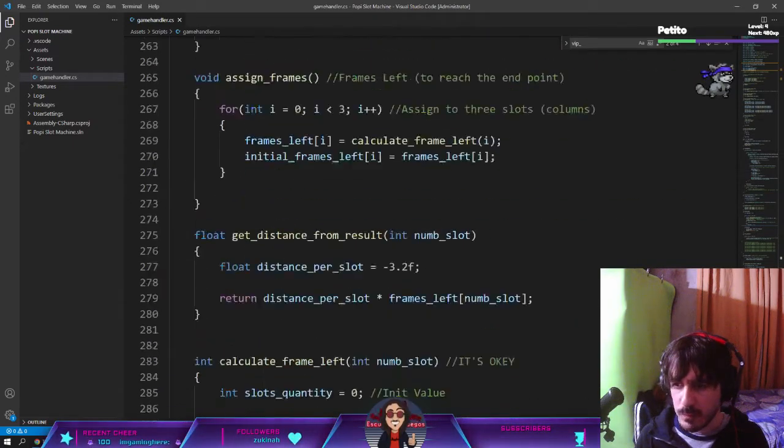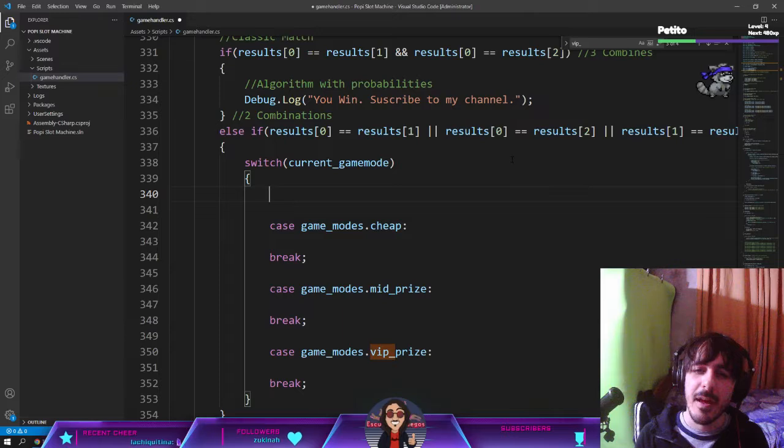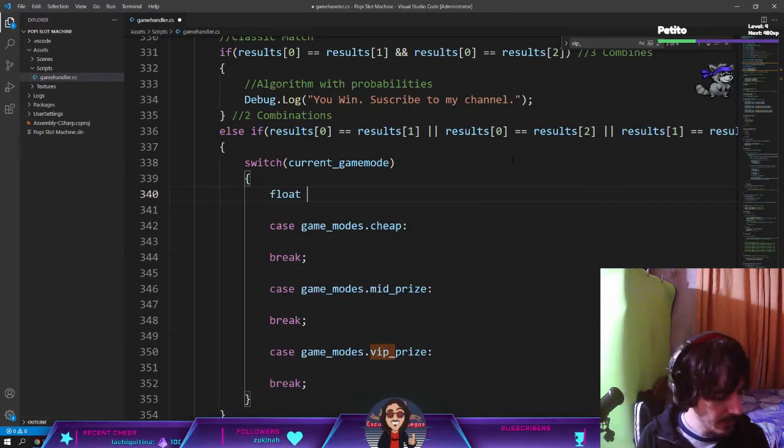Now we have to determine, in the case they recover some money, and this is so easy because I will have reward.